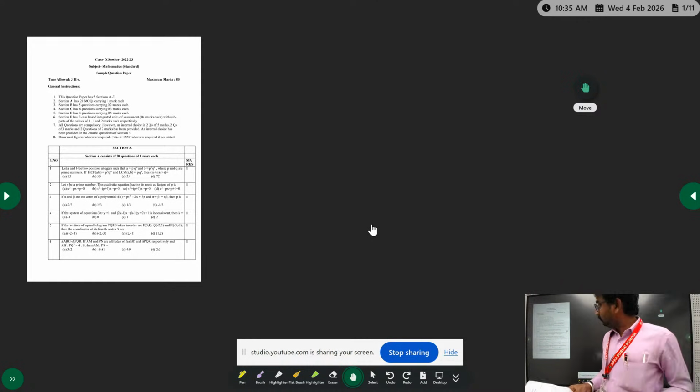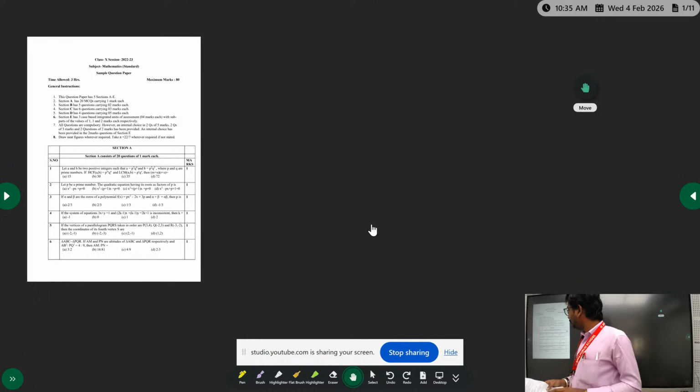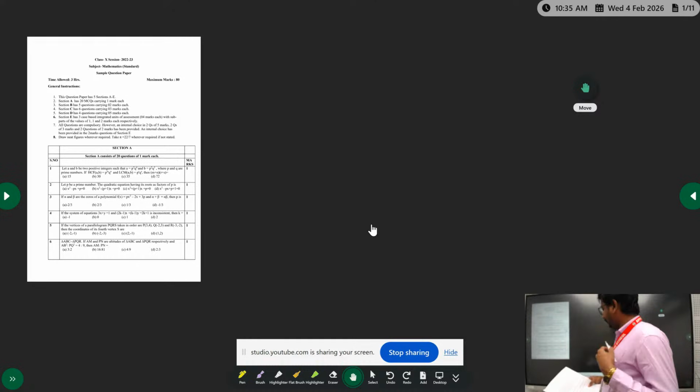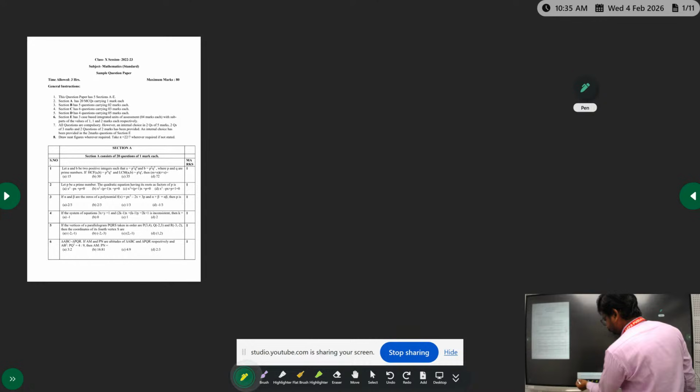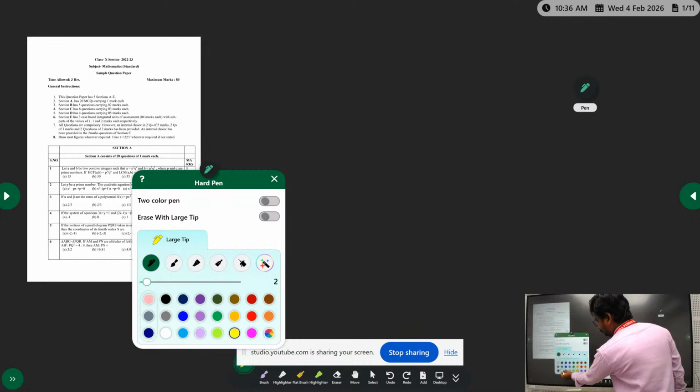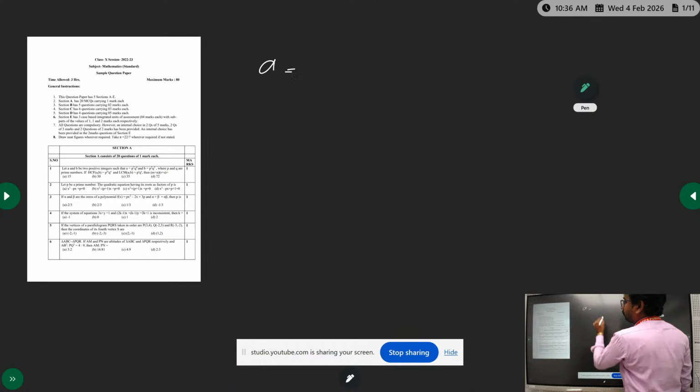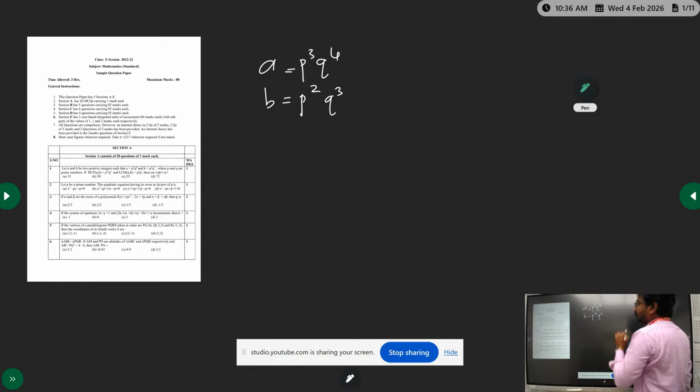Okay, so coming to the first question, they have given two values, A and B. What is the value of A? It is P cube Q to the power 4, and B value is P square Q cube.